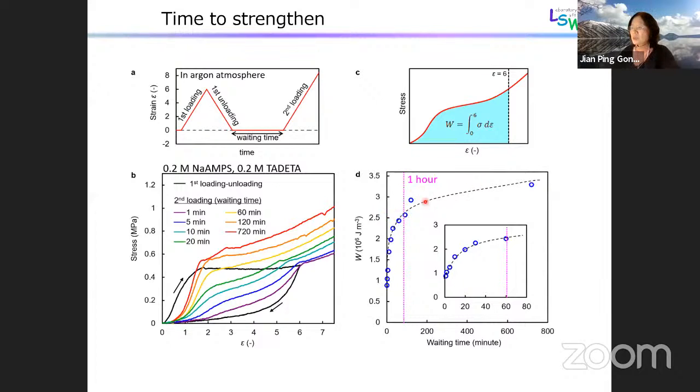So that means the new network formation could be saturated around 1 hour. So it's a relatively long time. By optimizing the conditions recently, we can make it faster, but at that time, it was relatively slow.